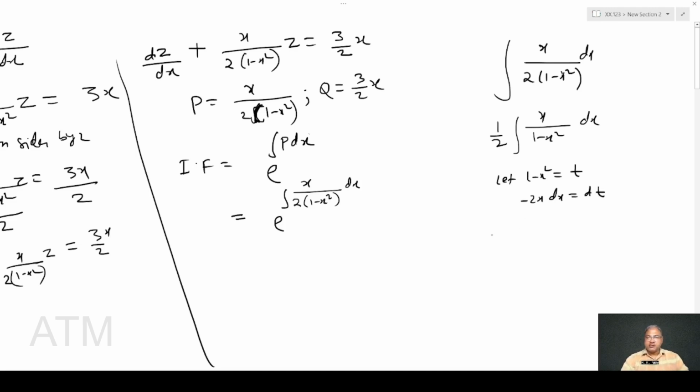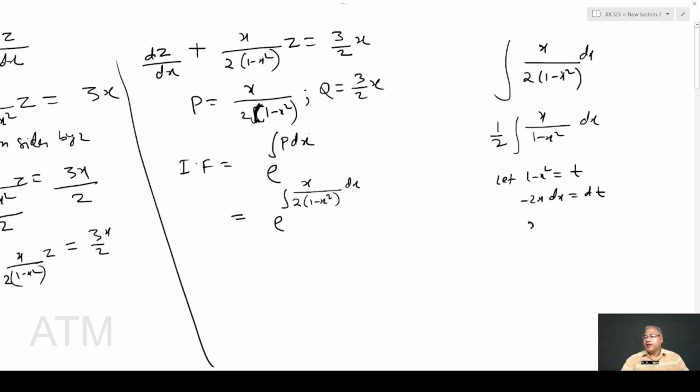And if your integration is not strong enough, and you want to learn the substitution method, then go to my playlist. You will find integration by substitution method. You will find a lot of chapters on integration, like substitution method, basic integration, exponential, everything on my playlist. Go and visit it. And also don't forget to give me feedback on how you find my integration.